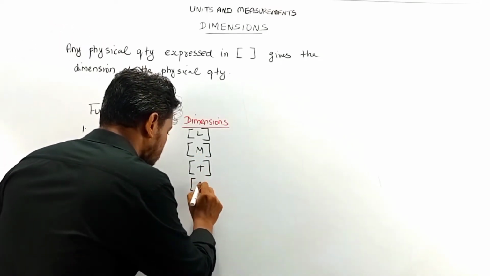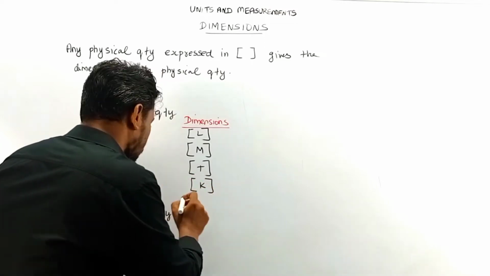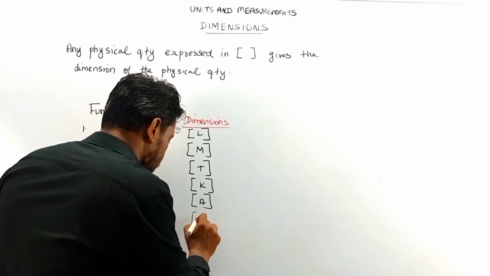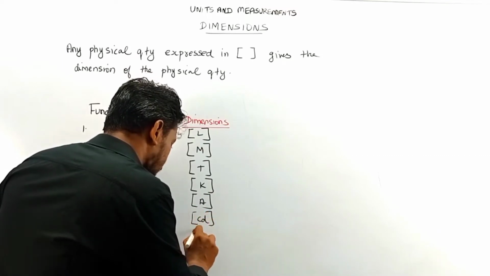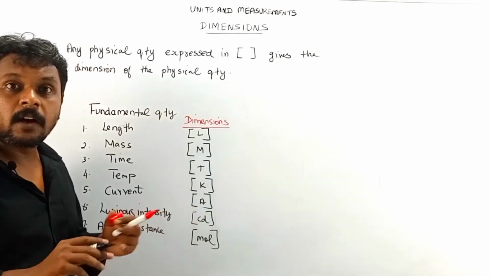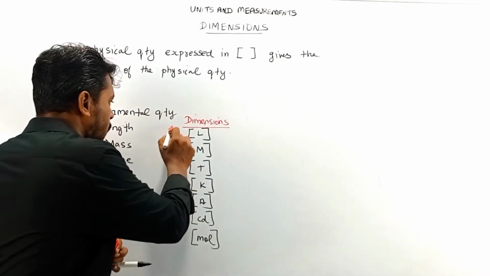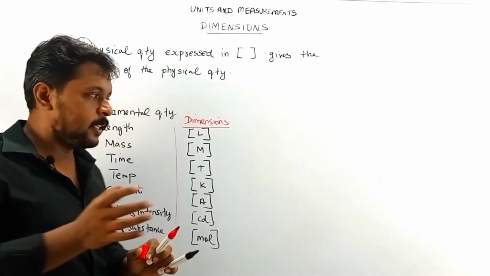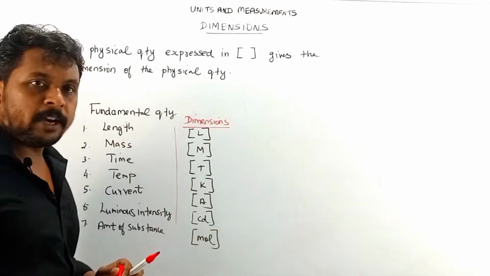For temperature we have capital K, for current capital A, for luminous intensity CD, and for amount of substance mole. So these are the dimensions given for the fundamental quantities.